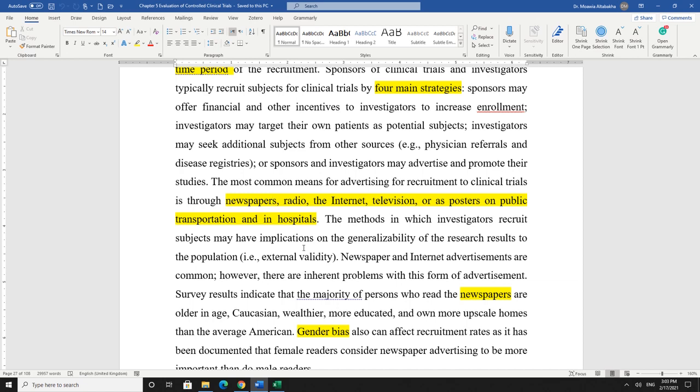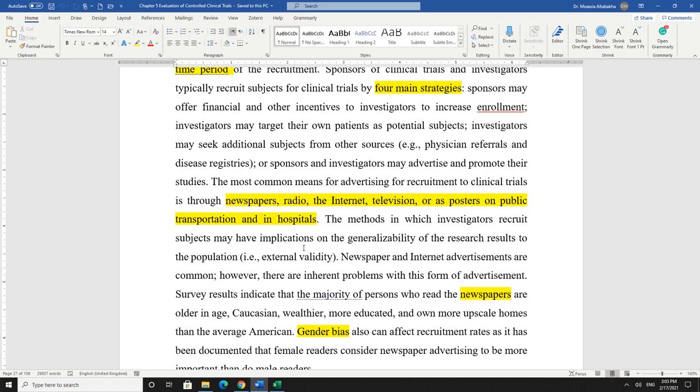Also there is a gender bias because they found that females are more interested in advertisements in the newspapers than males. So those who will probably look at the advertisement are female subjects rather than male subjects.